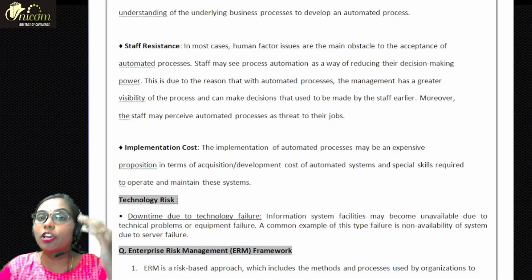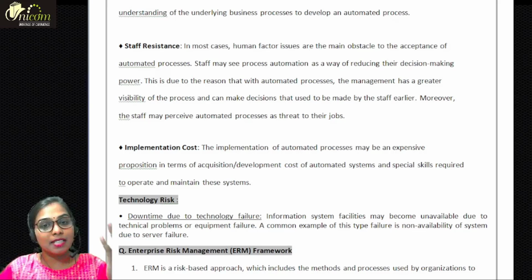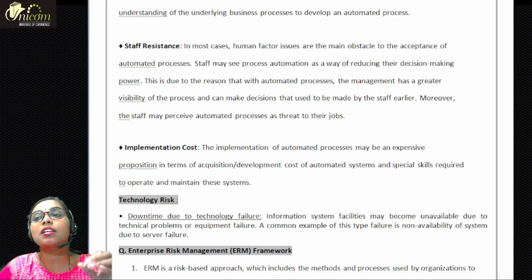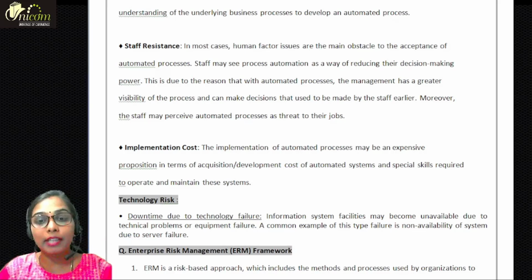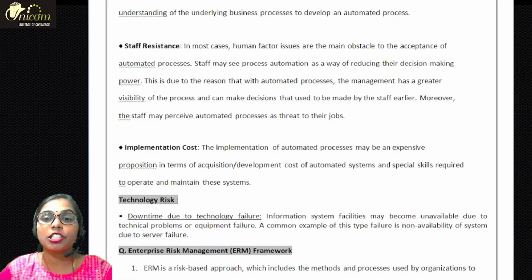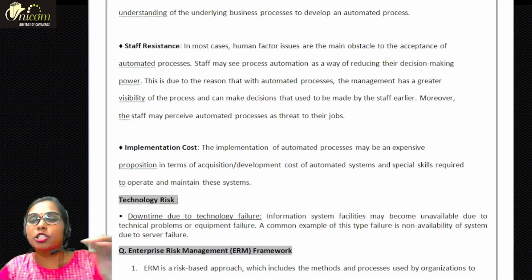But in technology risk there are some 7 to 8 points, and there is a new point added, that is downtime due to technology failure. This is an amendment, ठीक है. So just make a note of it.